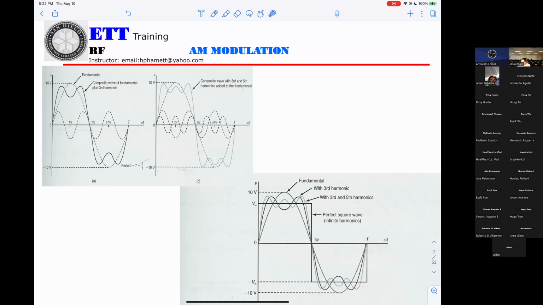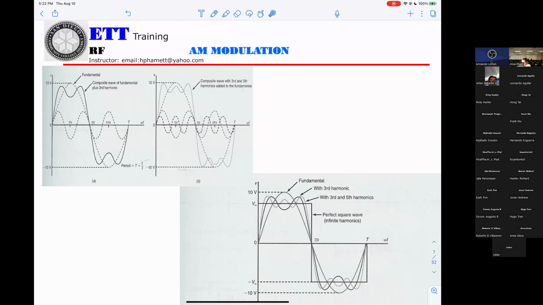And that will be telling you too many harmonics of the sine wave. A square wave will be combined of too many harmonics of the sine wave.